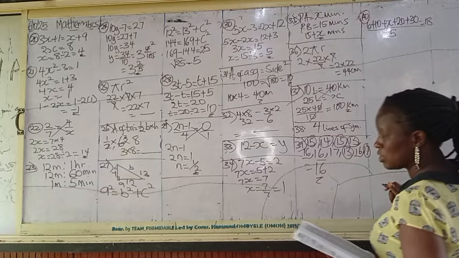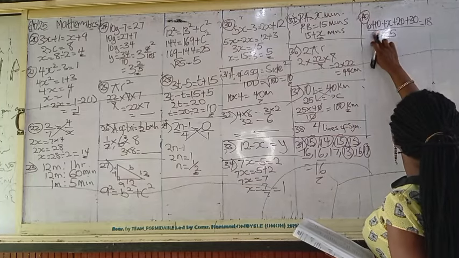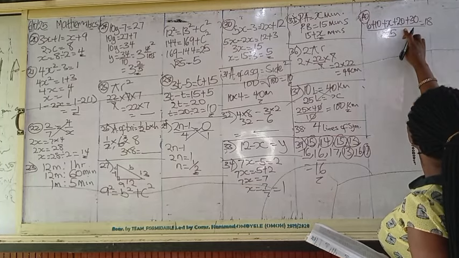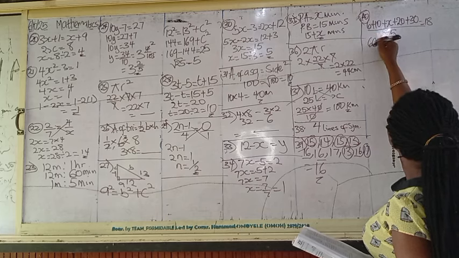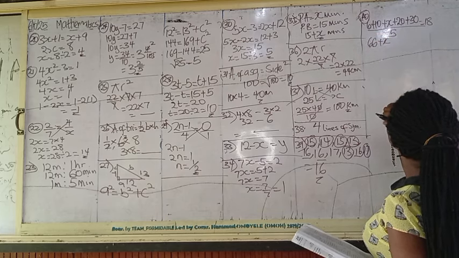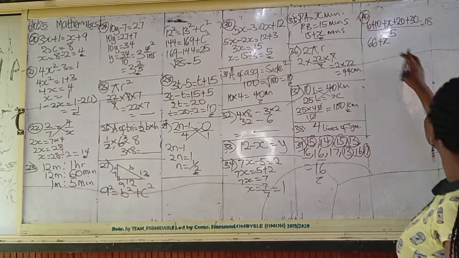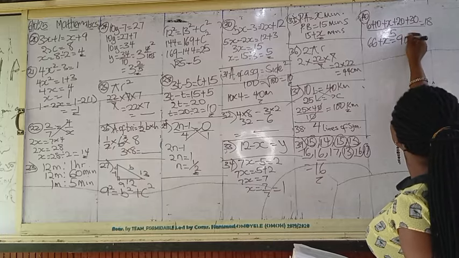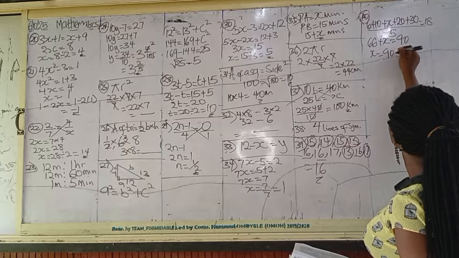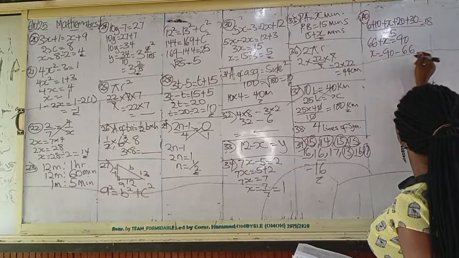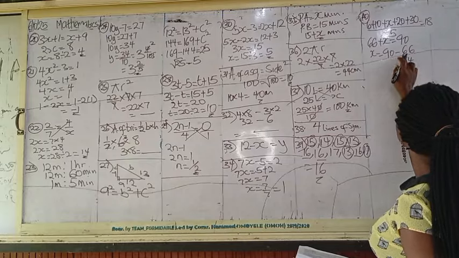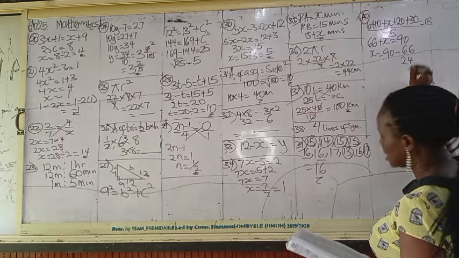So you add all those things together. 6 plus 10 is 16, 36, 66 plus S. 66 plus S is equal to 90. S is equal to 90 minus 66. That is 24.